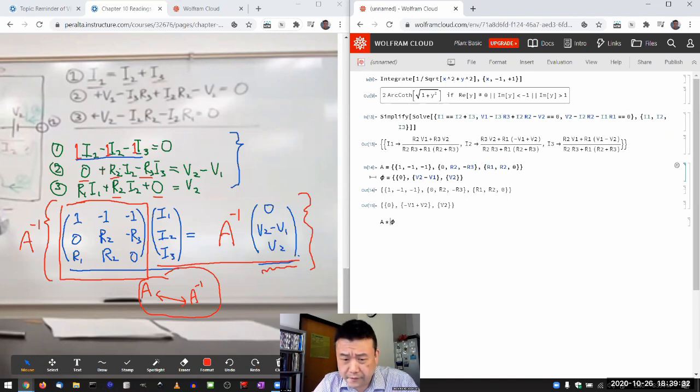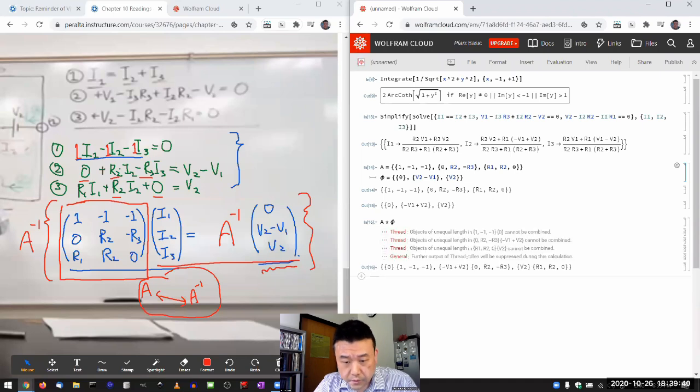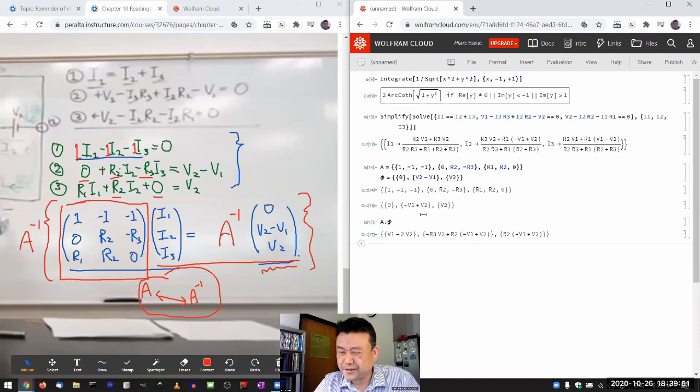I want to make sure whatever operation I do is the matrix multiplication, not element by element. Okay, yeah, this is giving me something weird. So I'm pretty sure this is an element by element multiplication. Let me try this. I think that's going to be the matrix multiplication. Yeah, okay. So I need to use the period. That's how you do matrix multiplication in Mathematica.